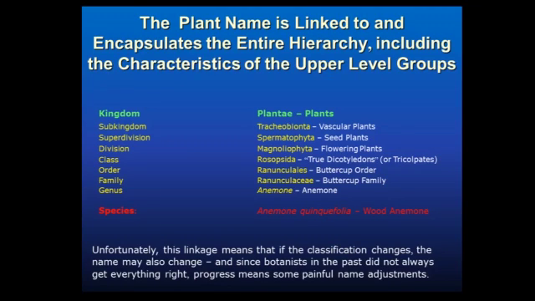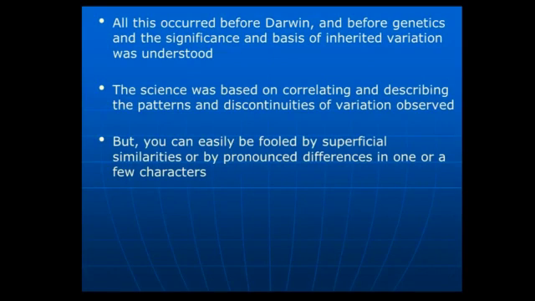And of course, it may also go into a different family, which is also disconcerting. So that's basically the underpinnings of why names can change despite this very stable organization that we have built upon since Linnaeus.